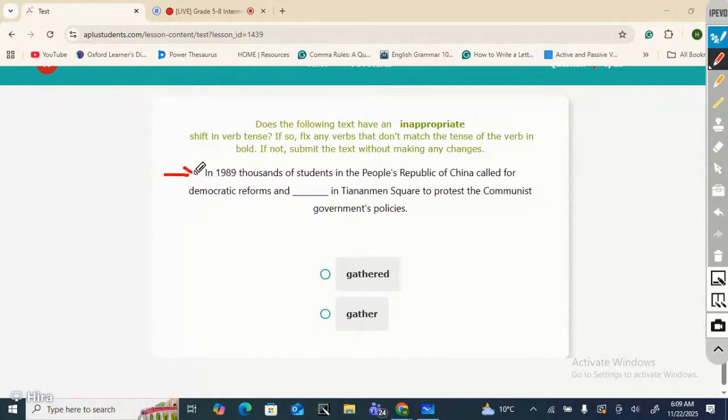Let's read the text, then we'll decide if there is any inappropriate shift in verb tense or not. In 1989, thousands of students in the People's Republic of China called for democratic reforms and blank in Tiananmen Square to protest the communist government's policies.